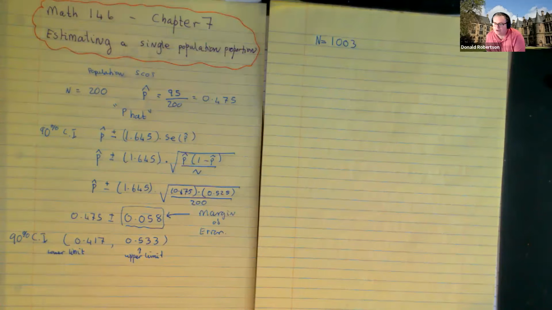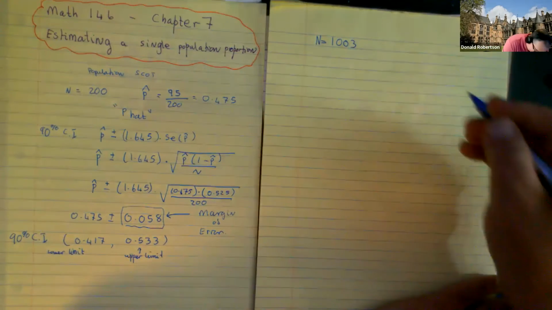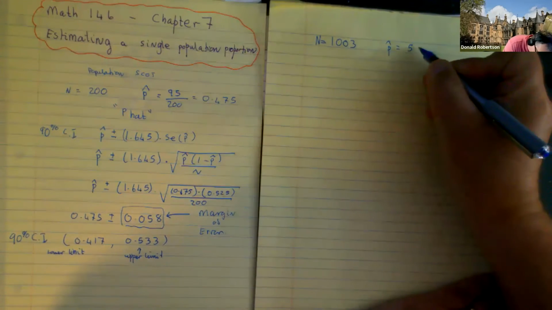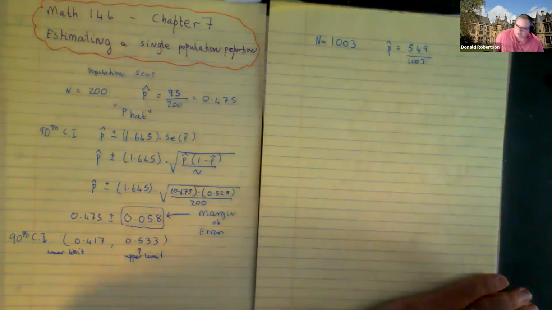And so they're conducting a poll to see what my chances are. And they asked 1,003 likely voters. That's people who said, yeah, I'm probably going to vote in the election, likely voters. And there are 1,003 of them. And in that 1,003, 549 of them said they were going to vote for the Royalist Party.